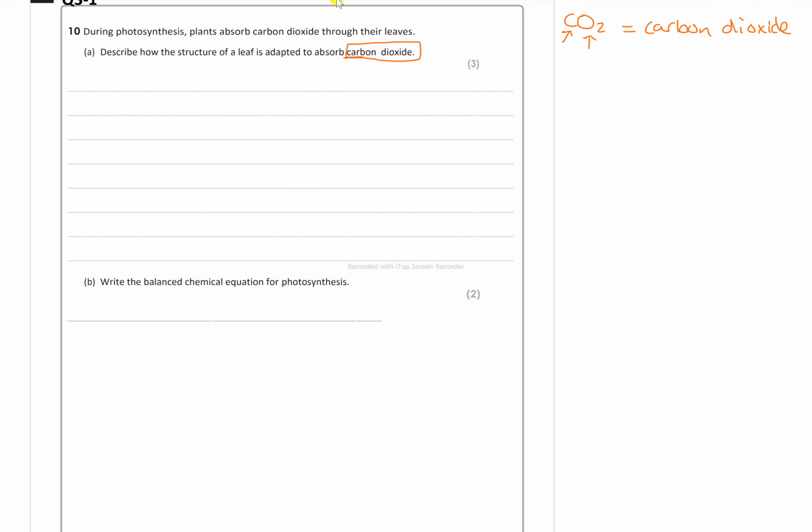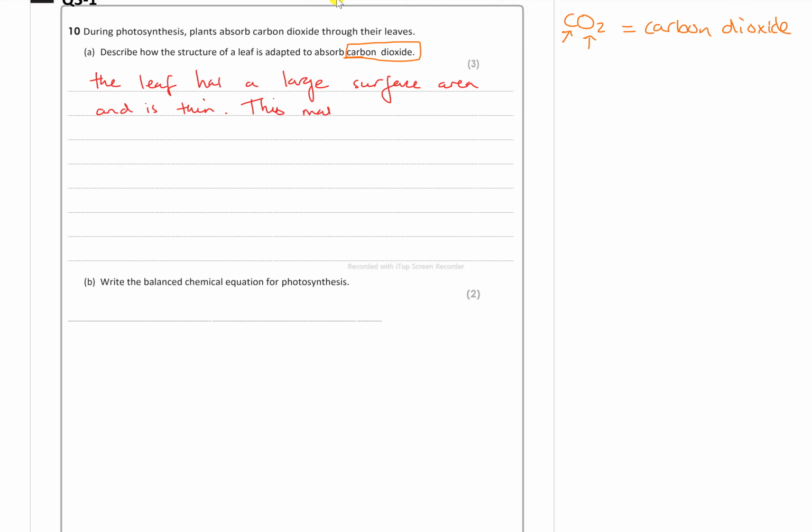Right. First of all, when they're talking about absorption, say the leaf has a large surface area, is thin and flat, and is thin.